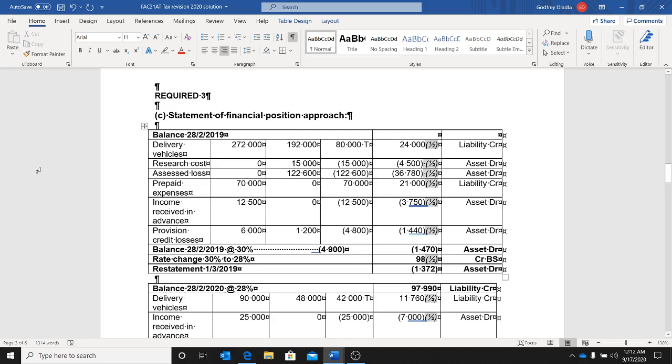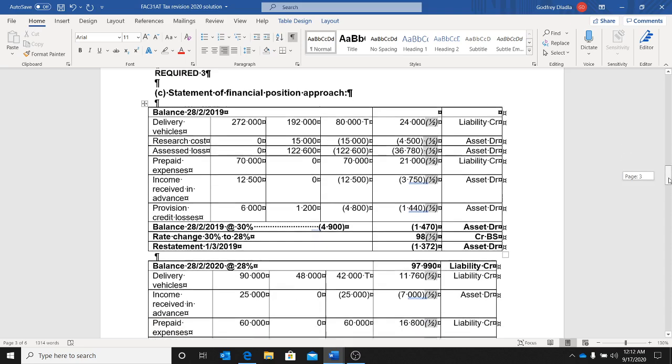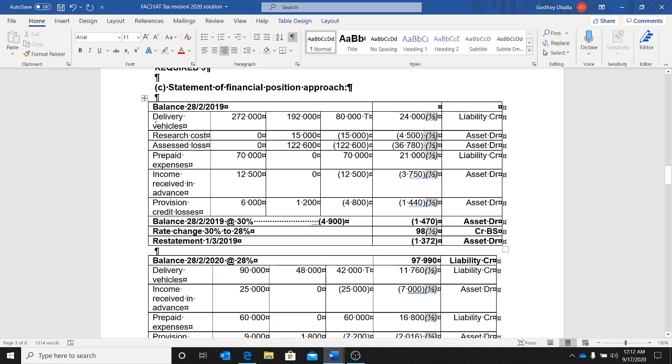Okay, right. Now if you then look at this thing this way, let's deal with item by item. So delivery vehicle is clear, straightforward.